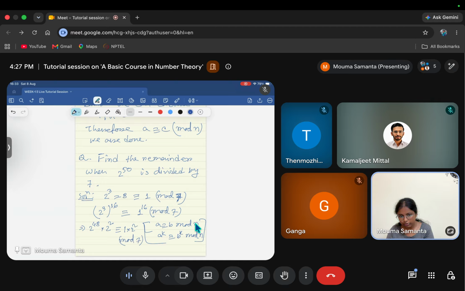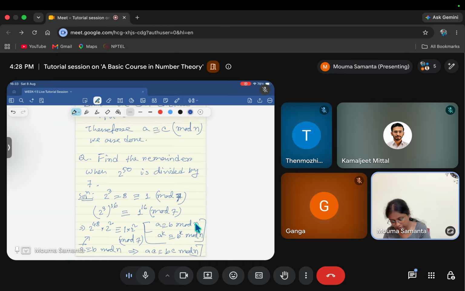What is the theorem we are using here? A congruent to B mod n will give you AC congruent to BC mod n.